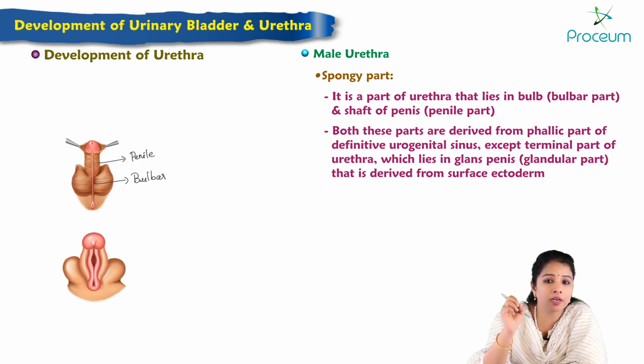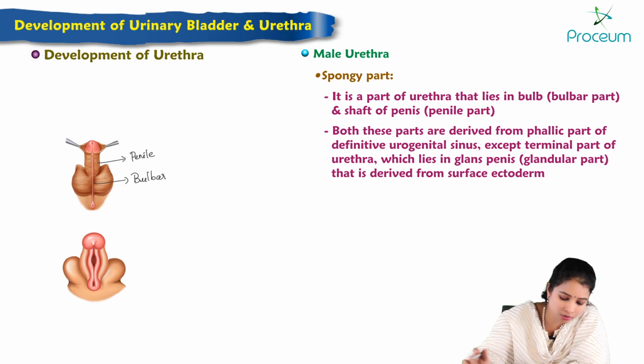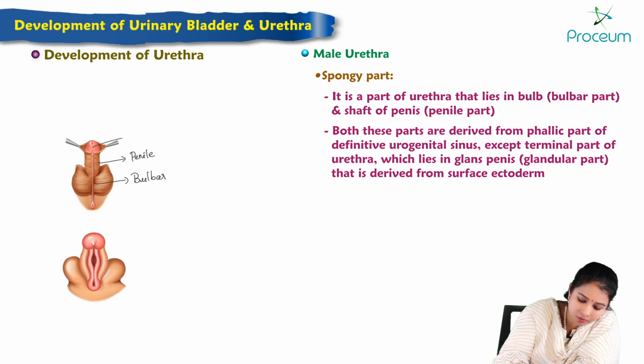Except the terminal part of the urethra which lies in glans penis, which is called the glandular part, it is derived from the surface ectoderm. So only this part of urethra is derived from surface ectoderm, which is called glandular part.